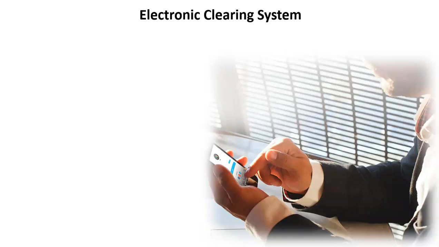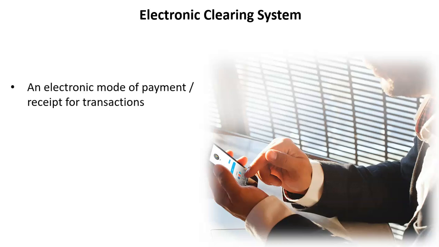ECS, Electronic Clearing System. This is again a system for debiting or crediting accounts of the customers. This was earlier in practice. Now we have NACH, which we call National Automated Clearing House.